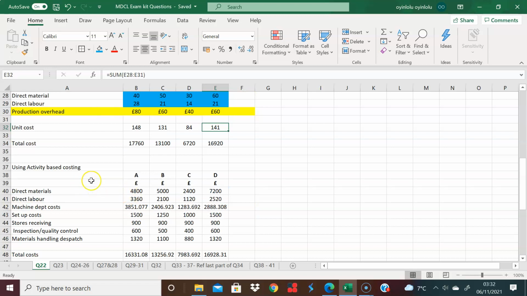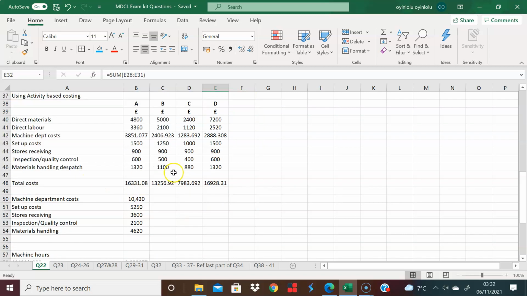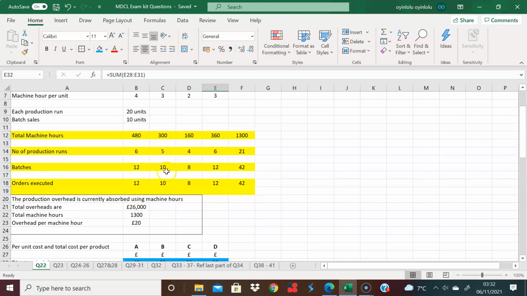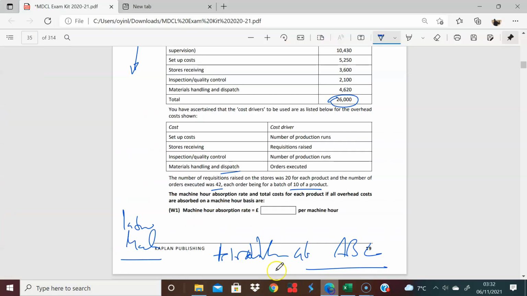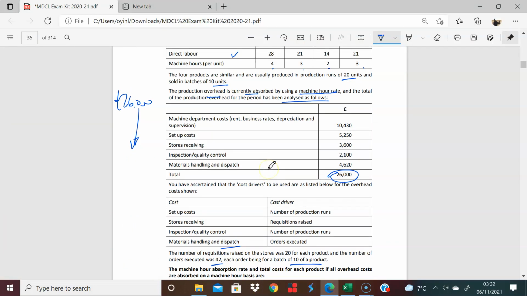Now, using activity-based costing, what do I know? Well, I know, as it gives it to me here, that this 26,000 is actually broken up into several parts. That's the point here. And I can find, if you like, what the overheads are per these drivers, right?